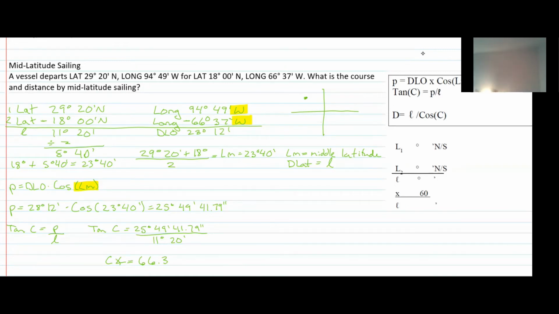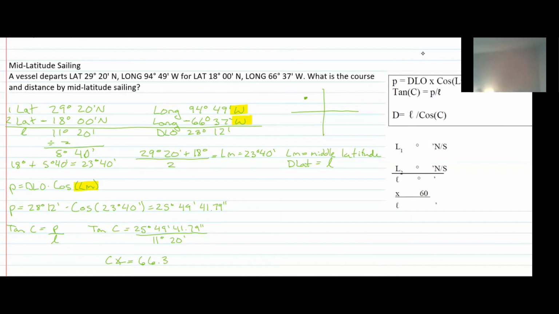Next, we need to decide where to put our second dot for our final latitude and longitude positions, 18 degrees north and 66 degrees 37 minutes west. So how I decide to put another dot is in reference to the first one. So for our latitudes, 18 degrees is less than 29 degrees. So I know the dot is going to have to go below the 29 degrees, 20 minutes, staying in that northwest quadrant.